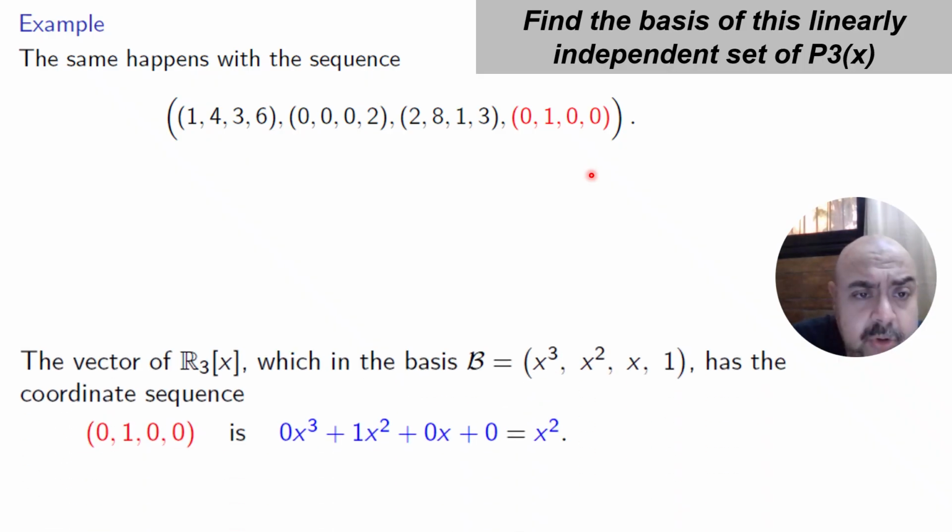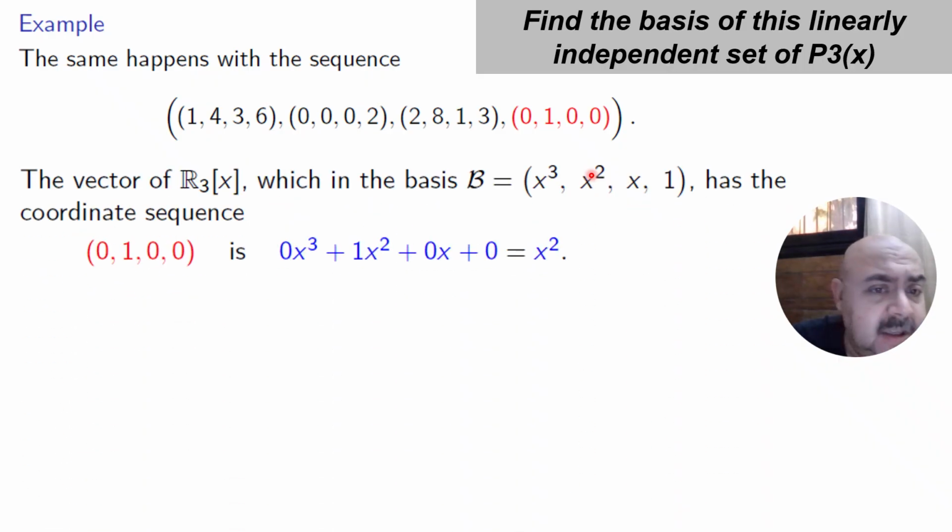It's really very simple. All I have to do is exactly what we did previously, which is simply putting these vectors in a matrix, and I can check their independence with the same sequence that we did previously. The vector of R3 of X, in the basis x cubed, x squared, x, 1, has the coordinate sequence 0, 1, 0, 0.